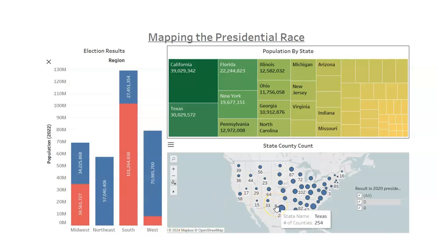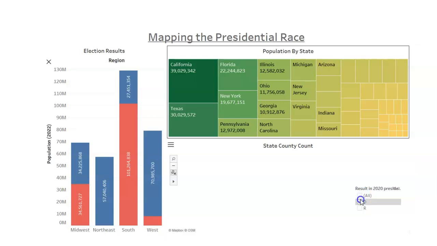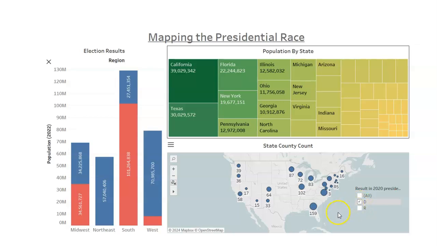And then we can also look here at our county. This will give us a great idea of what regions and what states are being dominated by each party. So when we go here, we look at our Democrats, and here we can see where Democrats primarily dominate.